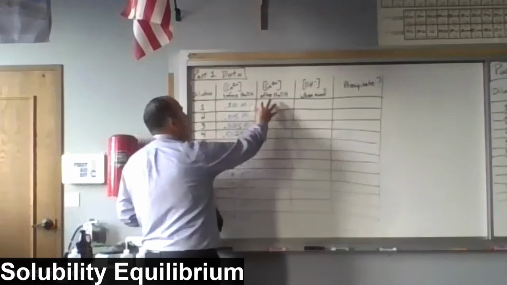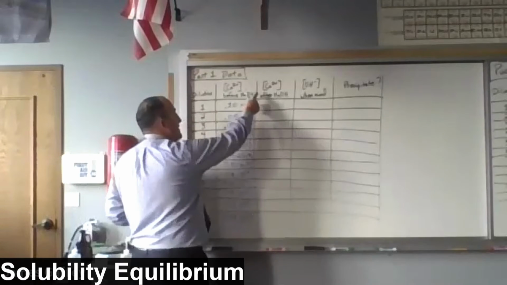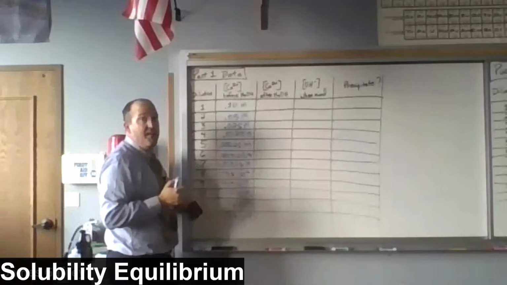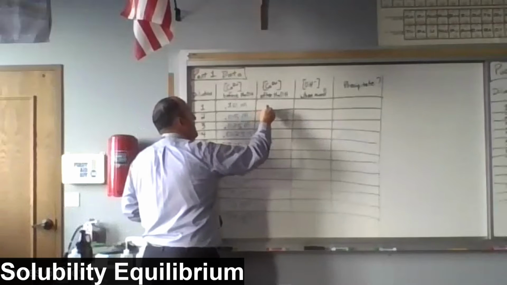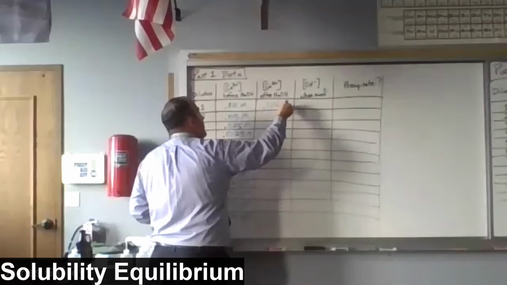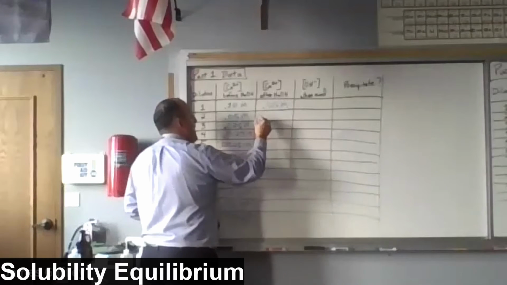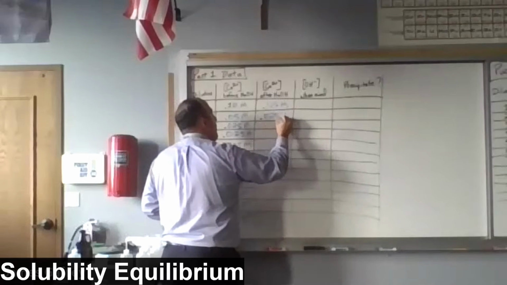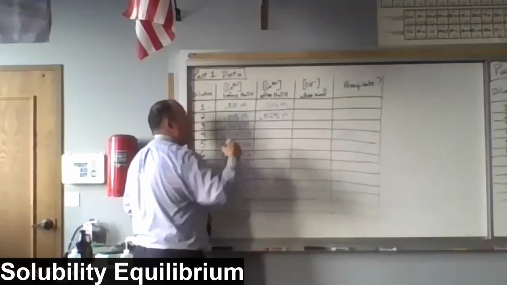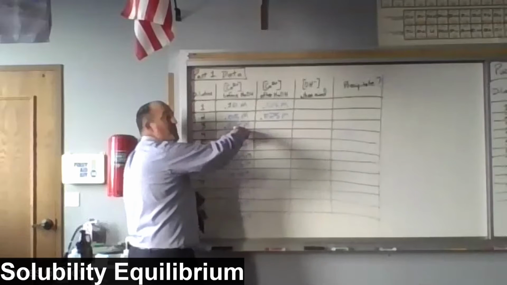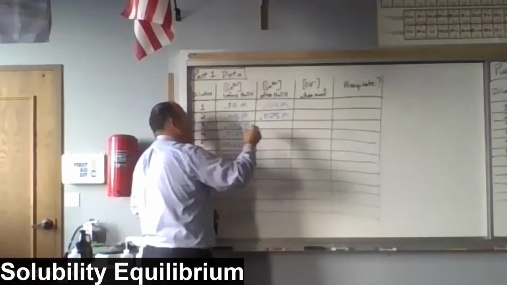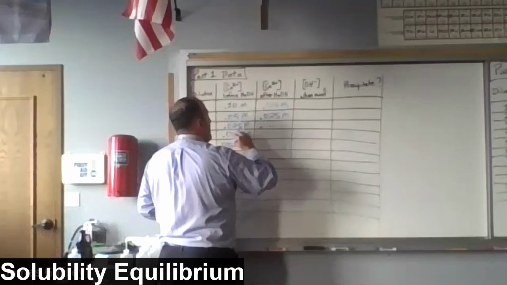So to figure this next column, where it says concentration of calcium after adding the NaOH, simply shift what's in 1 column over and 1 line down. So in well 1, it was actually 0.05 molar after you added the sodium hydroxide. And in well 2, it was 0.025 molar.